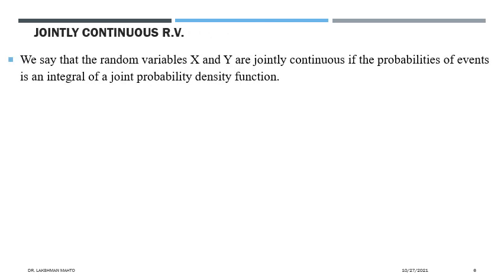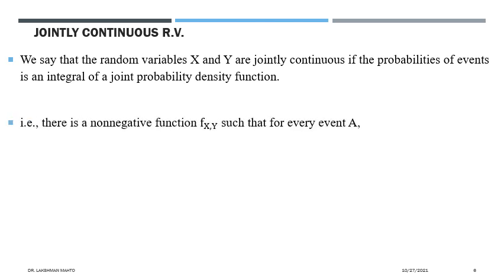Among those various variables, we will talk about the joint occurrence of a few random variables. Suppose we say that random variables x and y are jointly continuous if the probability of an event involving x and y jointly can be expressed as an integral of the joint probability density function of x and y.